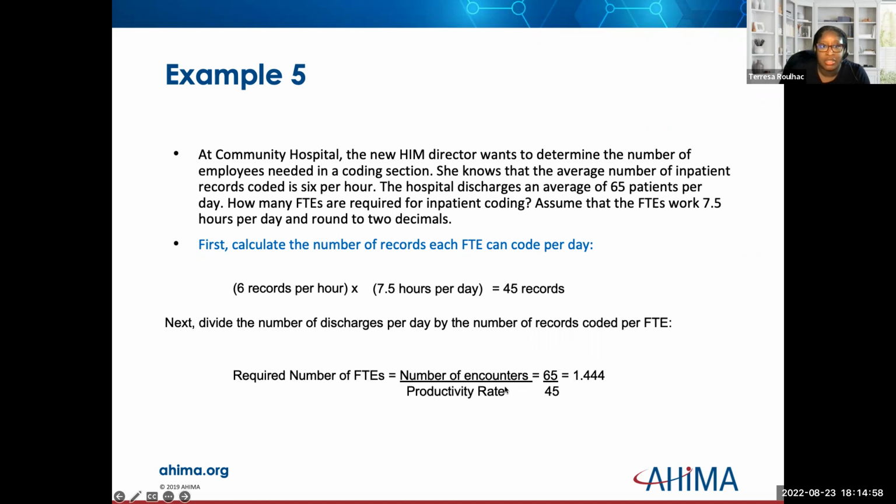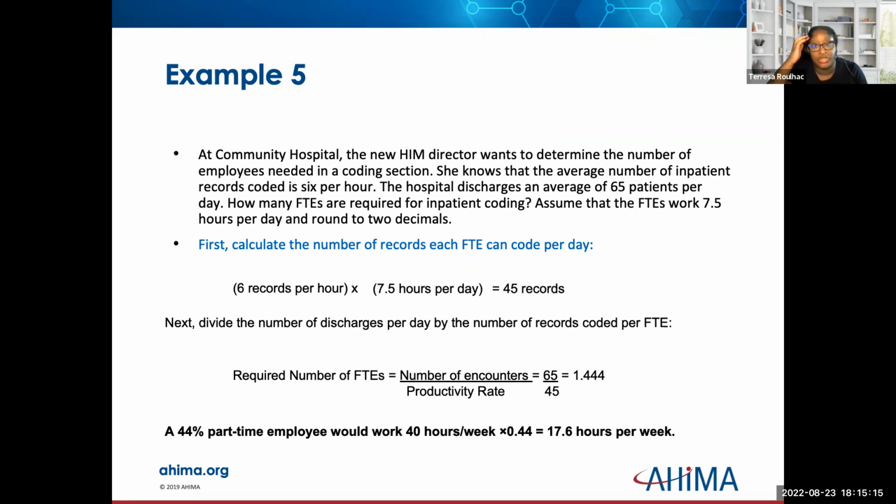Number of encounters, 65. Our productivity, 65 patients, right? Our productivity is 45 because we have 45 records, equals 1.44. Remember, we have to round to 2 decimal places.